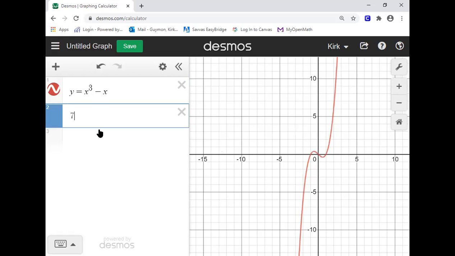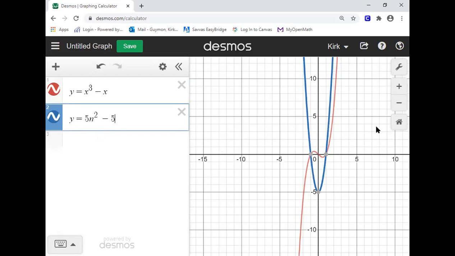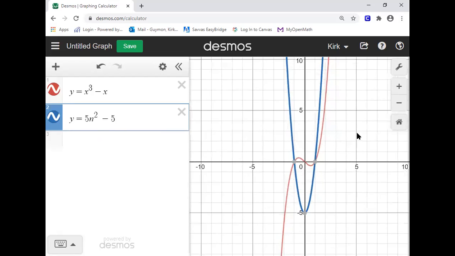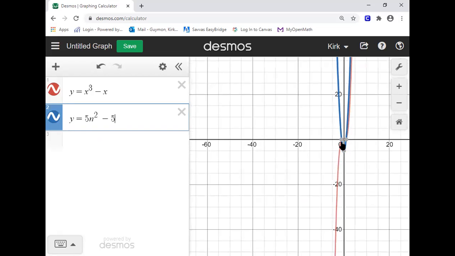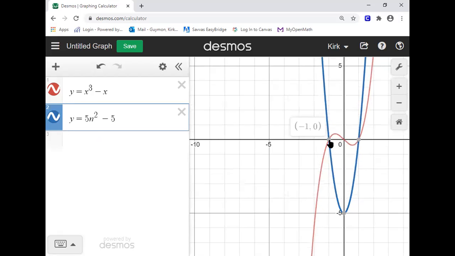And then in the other one, whoops, y equals 5n shift 6 for my caret squared minus 5. And so when you did it this way, I do see my -1. I do see my +1, but where is that other solution that was supposed to be at +5?